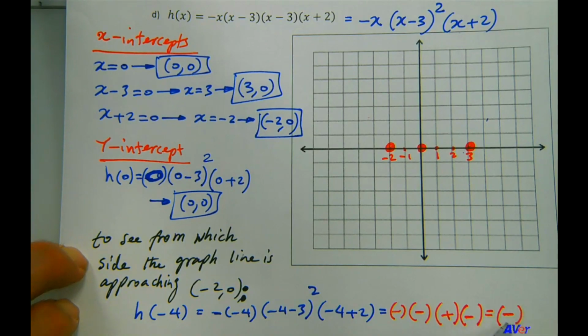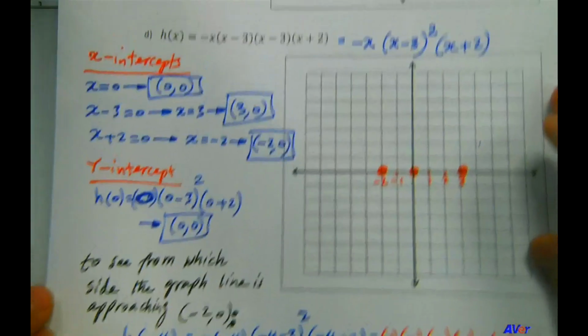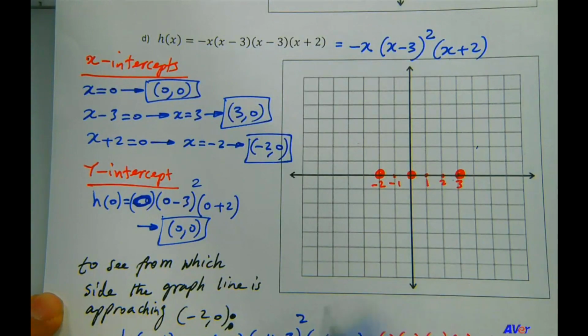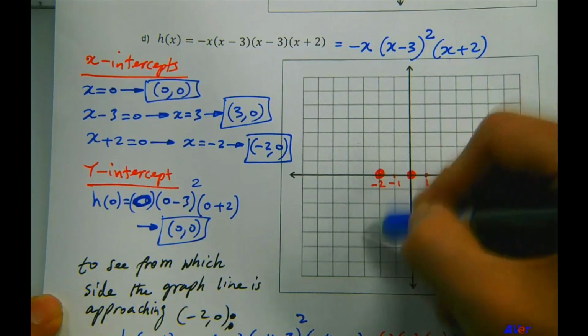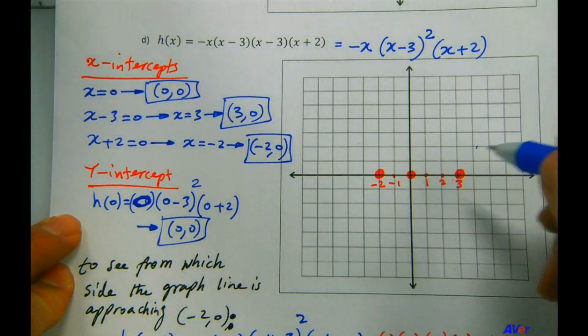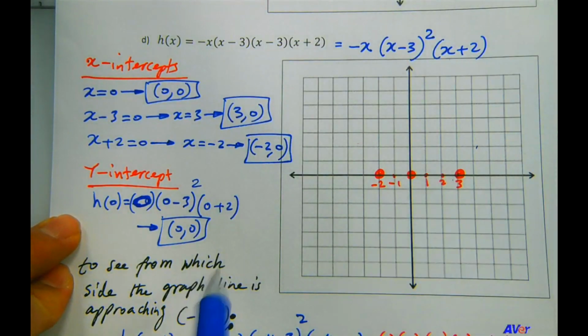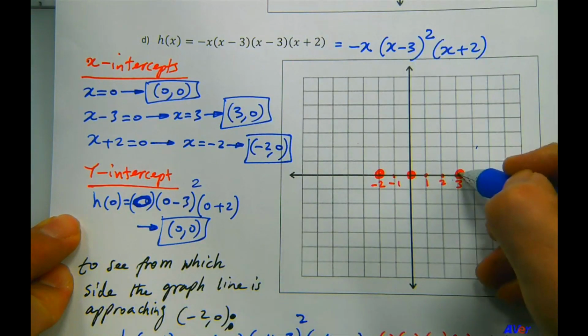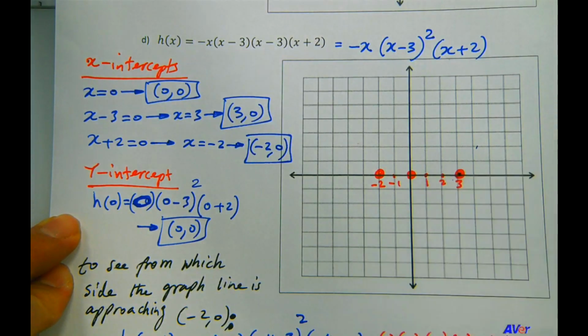The result is negative. So that means the graph must come from below, because I picked x equals -4 to evaluate the function at, and it was negative. So the line is coming from below, right? So this is what the line is doing. And I want to just remember which one. So (x minus 3): at this point, the graph is going to bounce back to the same side, right?